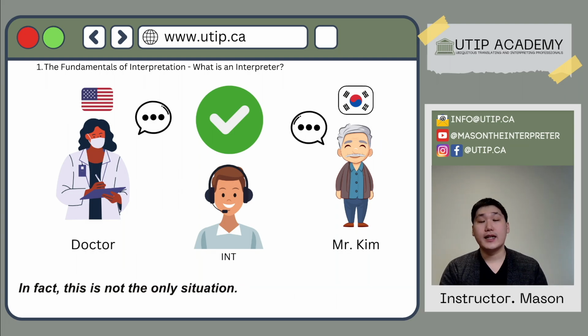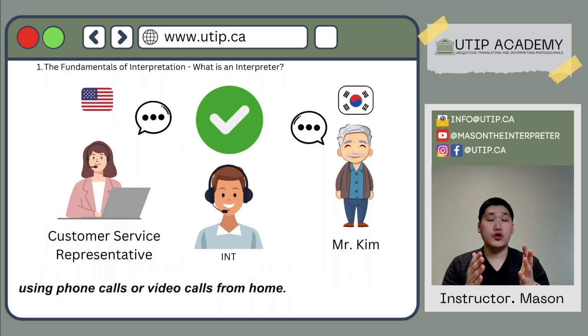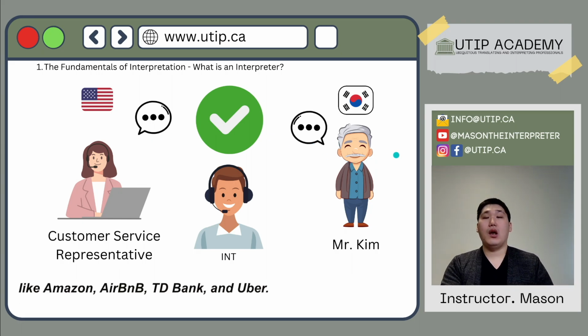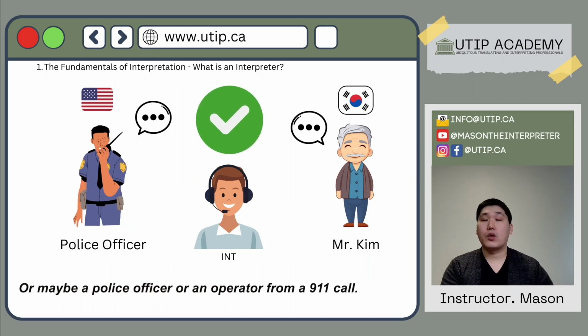In fact, this is not the only situation. Especially with the help of a remote interpreting service, we can work as an interpreter using phone calls, video calls from home. We could be helping Mr. Kim talk with the customer service representatives from companies like we all know, like Amazon, Airbnb, TD Bank, Uber, or maybe a police officer or an operator from a 911 call.